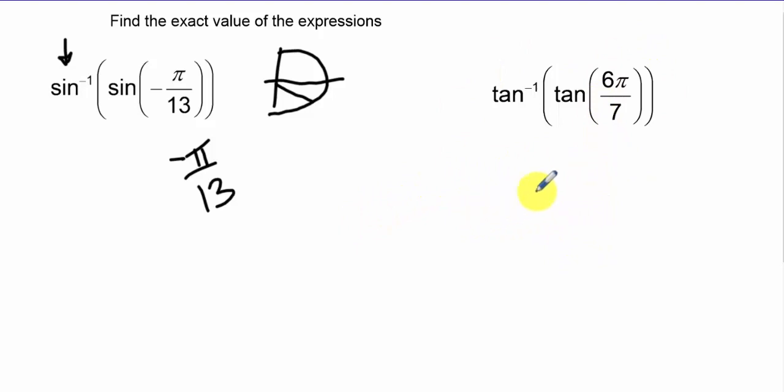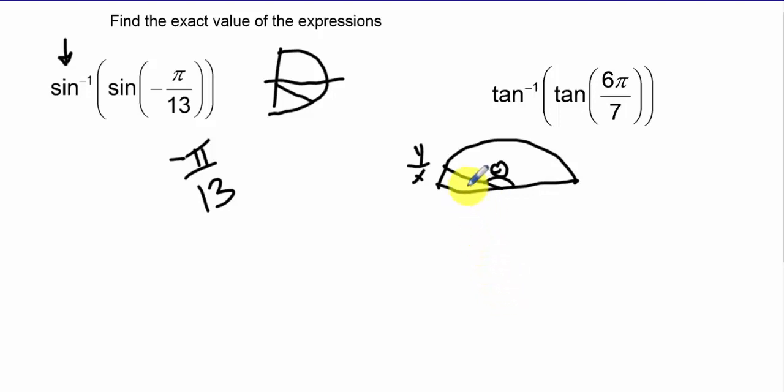And here's why. They're asking me to find the tangent of 6 pi over 7, which is somewhere over here. I can't tell you the y over x value of that because it's not a unit circle problem. But they want to know what angle gives me that value.